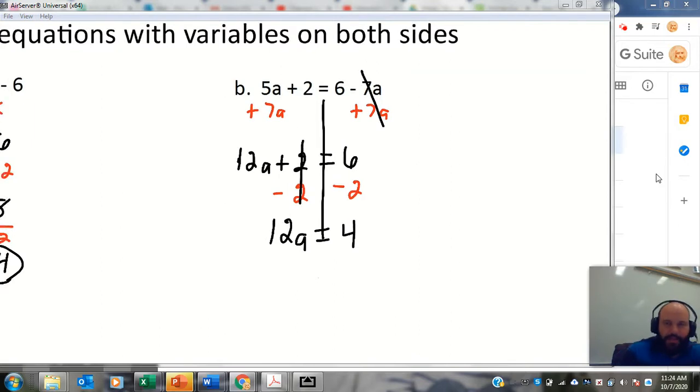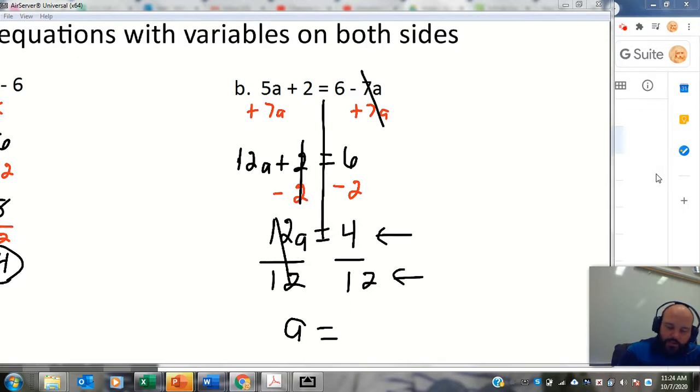And then the last step, because 12 is multiplying a, we're going to divide by 12 here. Those cancel, and you're left with a equals. Now you might say that that's 3, but don't get that mixed up. Remember, the 4 is on top and the 12 is on the bottom.